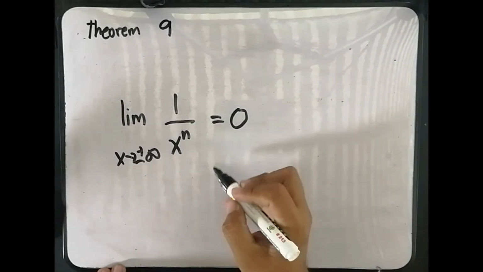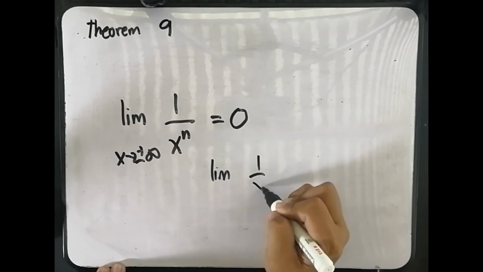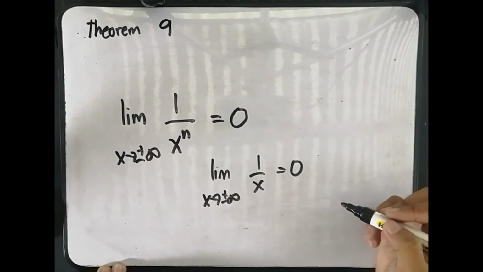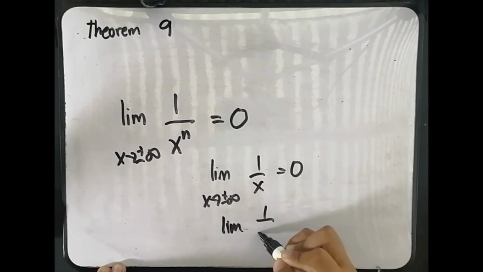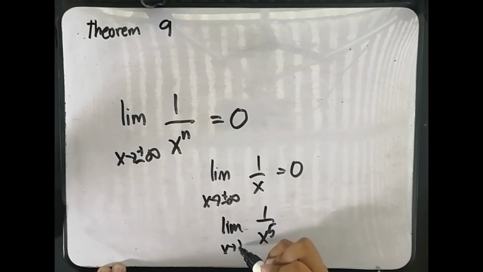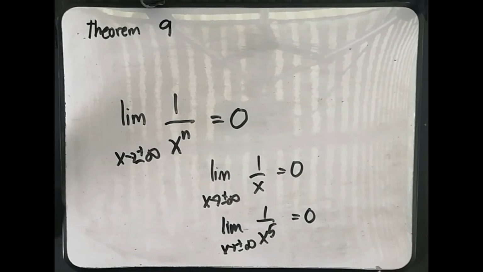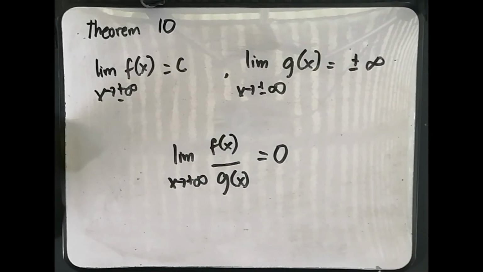So sinasabi nito that the limit of 1 over x as x approaches positive or negative infinity is 0, kahit na yung limit ng 1 over x raised to 5 as x approaches positive or negative infinity is also 0.